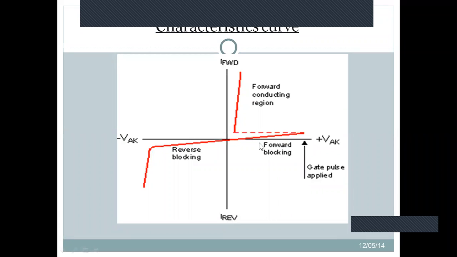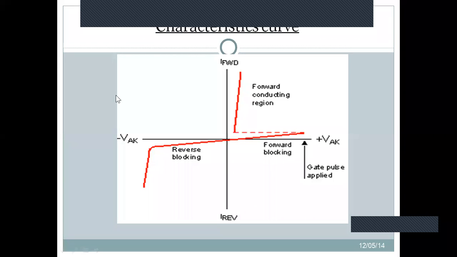And we have one more mode, called forward blocking mode. Forward blocking mode is, even though you apply the input voltage, the SCR will not turn on. SCR will only turn on or enter into the forward conduction region once you apply sufficient gate voltage.